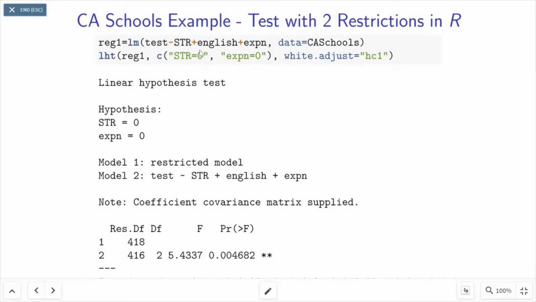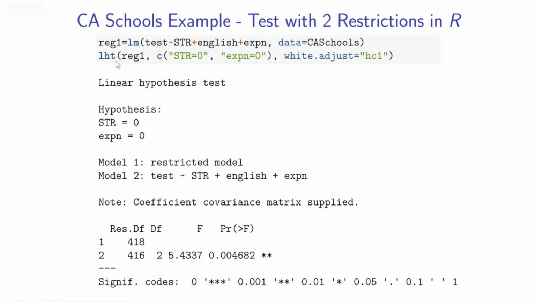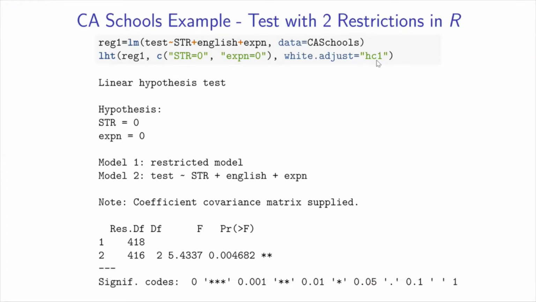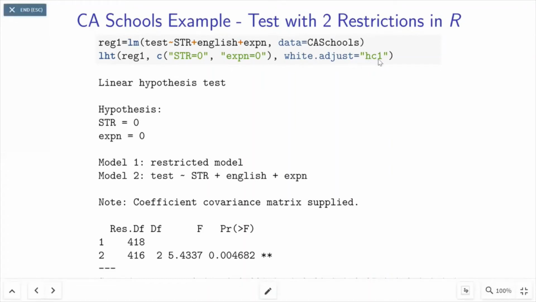You will first estimate the unrestricted model using the lm function, and then you will use the lht function to conduct the F-test. Inside the lht function, you will place the restrictions for the coefficients in the second argument, and also specify that you want to use the heteroscedasticity-robust standard errors to conduct the F-test by setting the correction method to HC1.